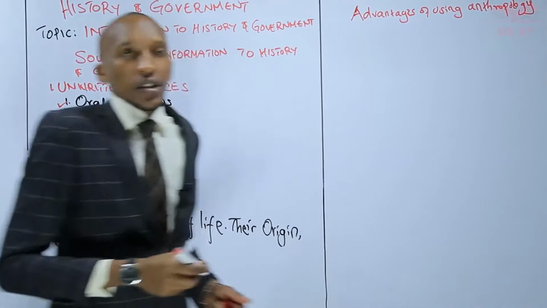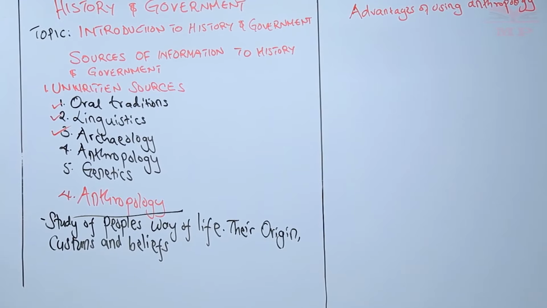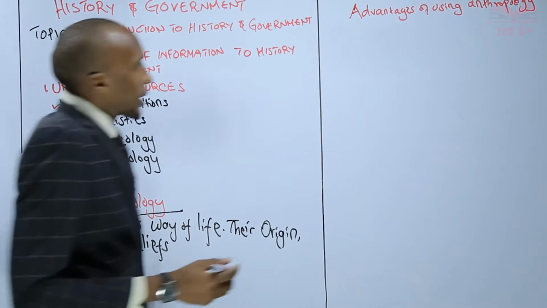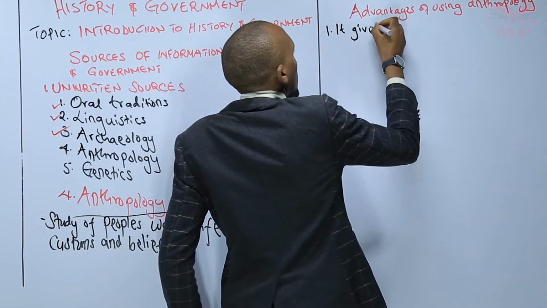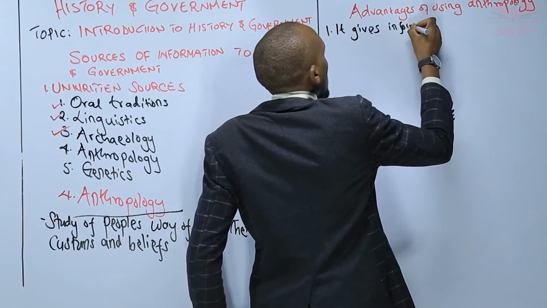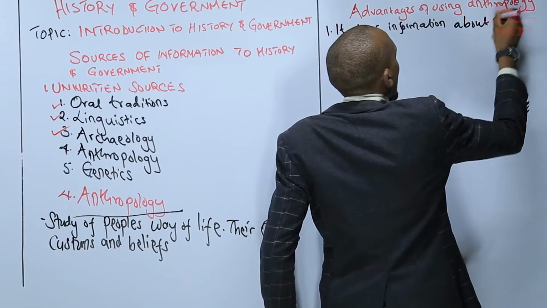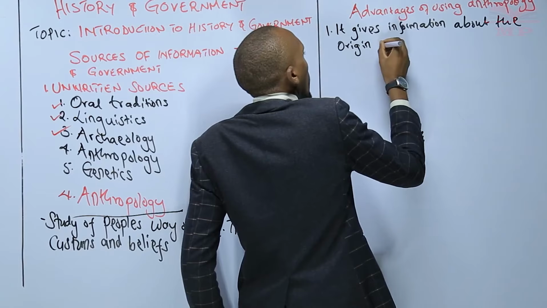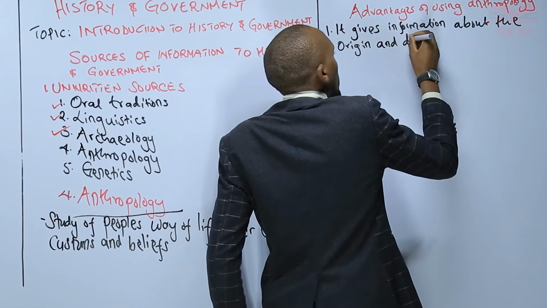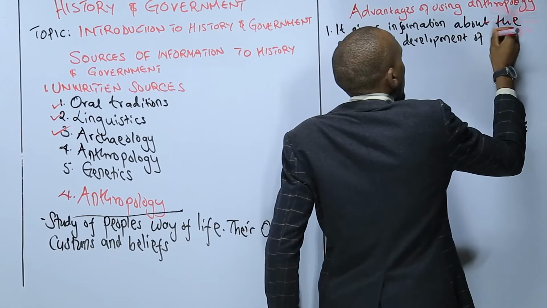What are the advantages of using anthropology as a source of information? So number one, it gives information about the origin and development of a people.